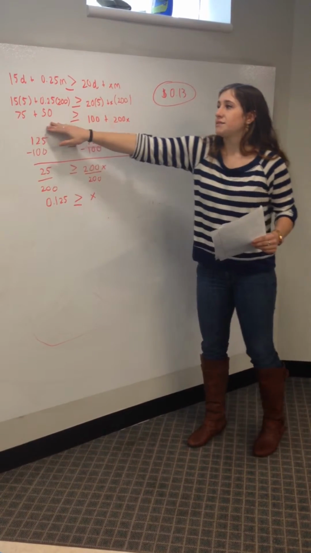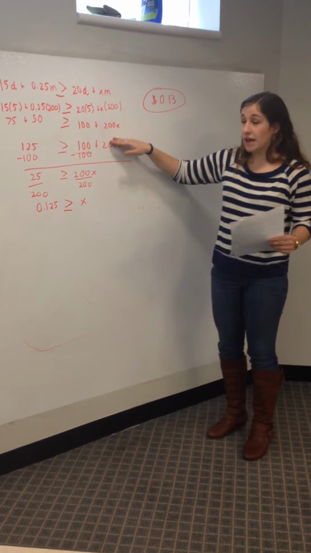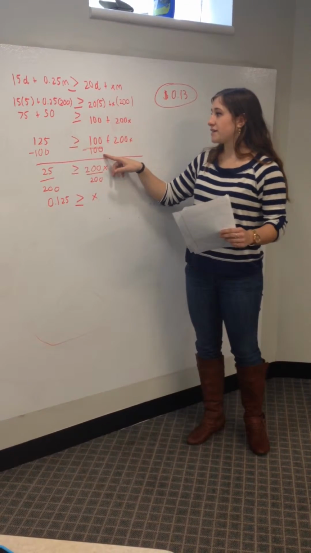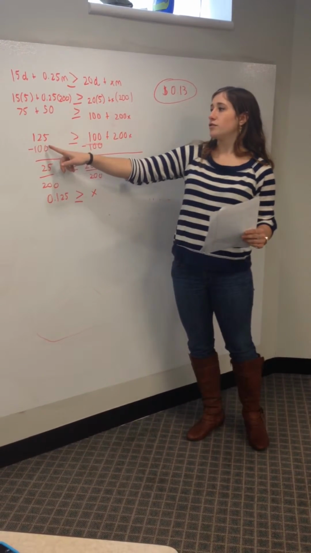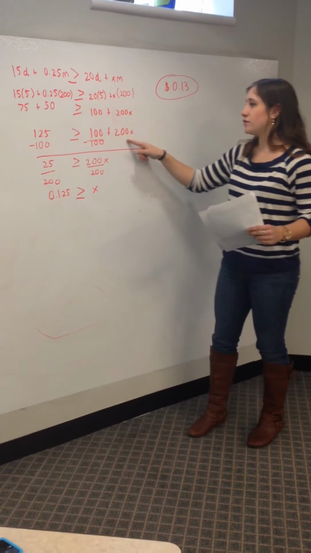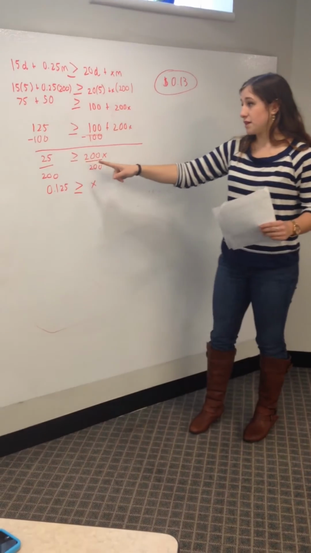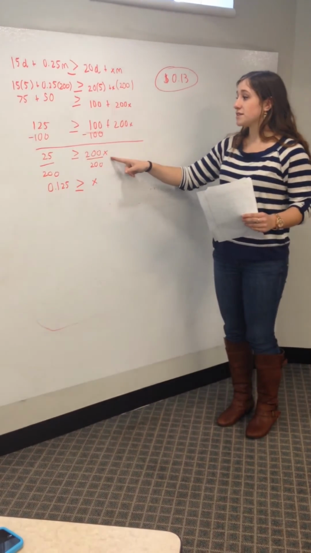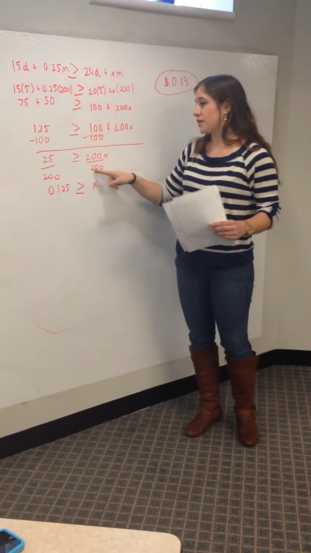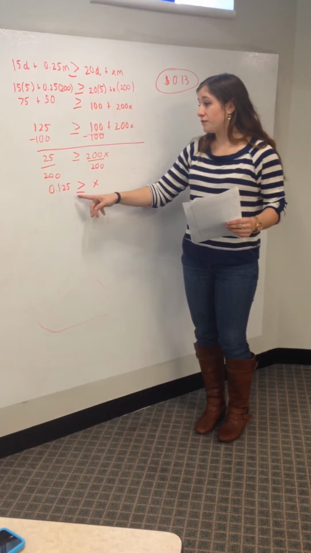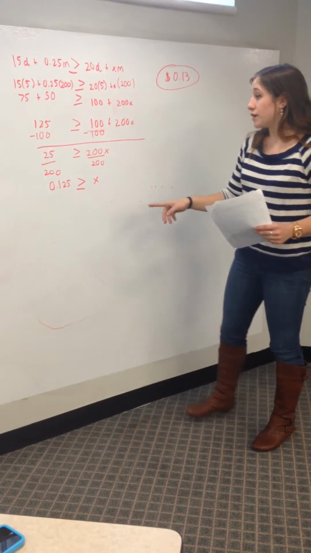So I simplified: 75 plus 50, 100 plus 200x, and then I came down here and subtracted 100 from this side to get 125, trying to get x alone. I now have 25 is greater than or equal to 200x. Divide 200 from this side and this side, and that gives you 0.125 is greater than or equal to x.